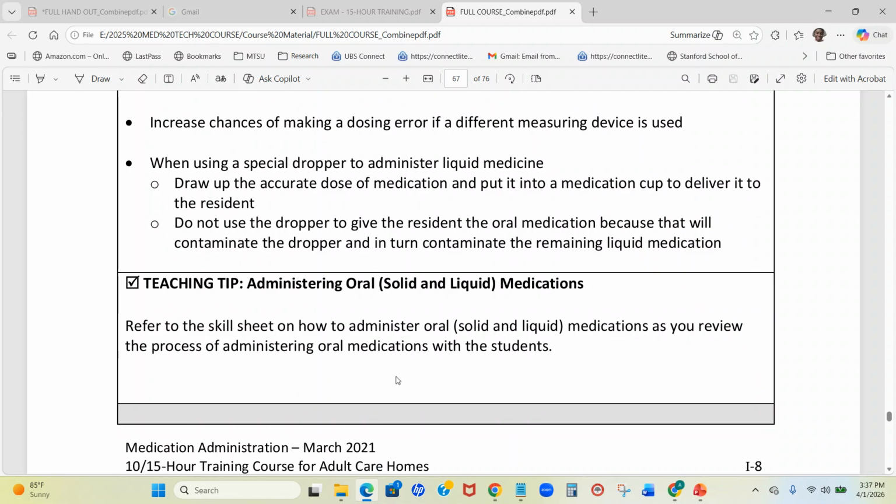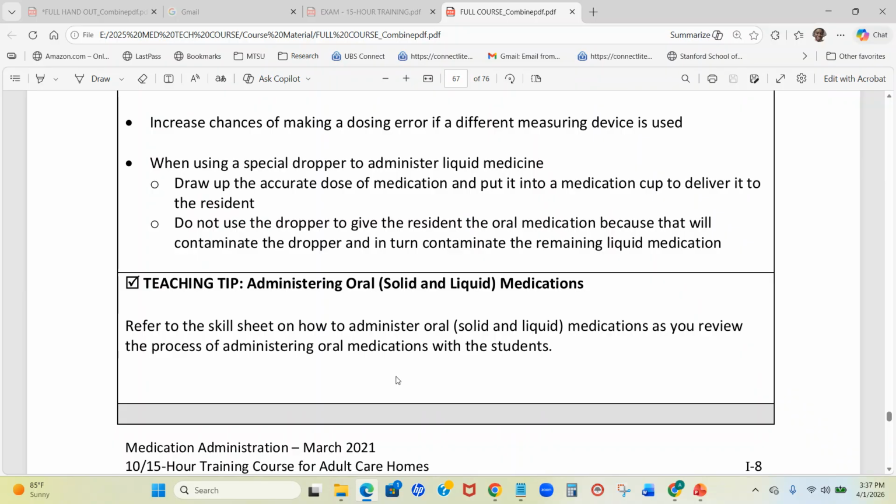When using a special dropper to administer liquid, draw up the accurate dose of medication and put it into the medication cap to deliver it to the resident. Do not use the dropper to give the resident the oral medication, because that will contaminate the dropper and in turn contaminate the remaining liquid in the medication.